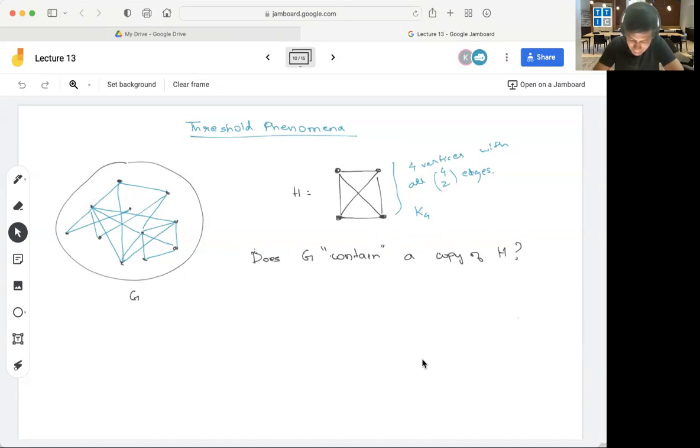What does it mean to say that G contains a copy of this graph? In this case, it means that G contains some 4 vertices with all 6 edges. So, for example, in the graph that I've drawn, this is a 4-clique.